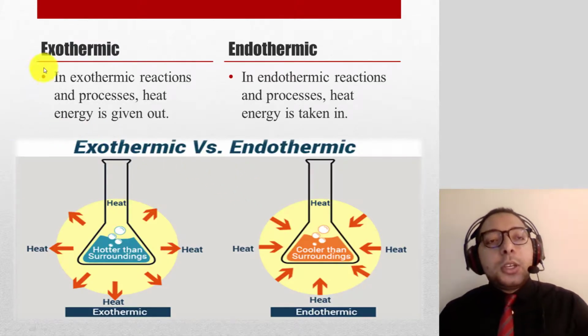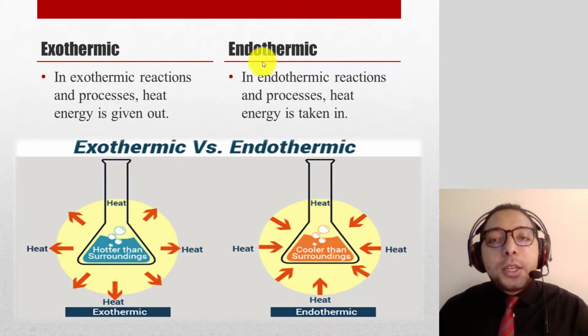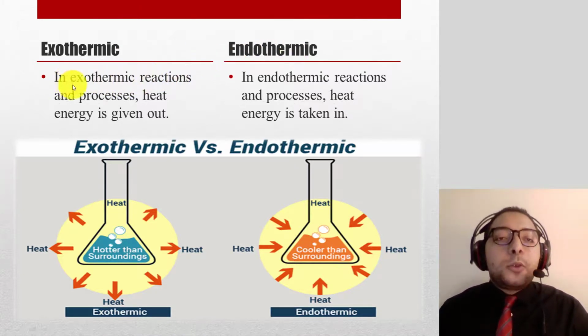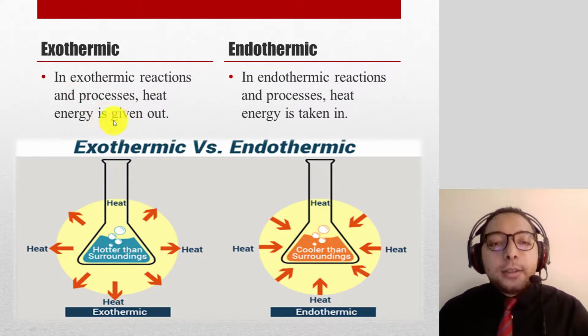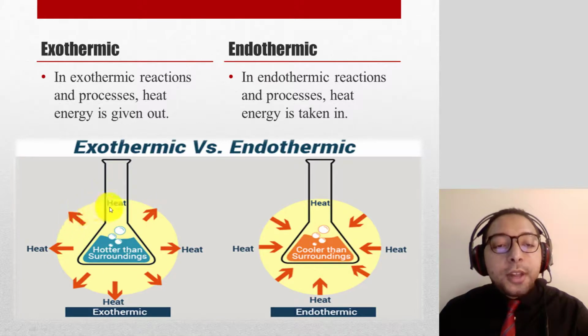So I want you to see that's an exothermic reaction and that's an endothermic reaction. Just a quick recap, we know that exothermic reaction and process both are giving out heat. So imagine that these are the reactants. These reactants are producing heat. Heat is given out, as you can see over here. So that's exothermic.